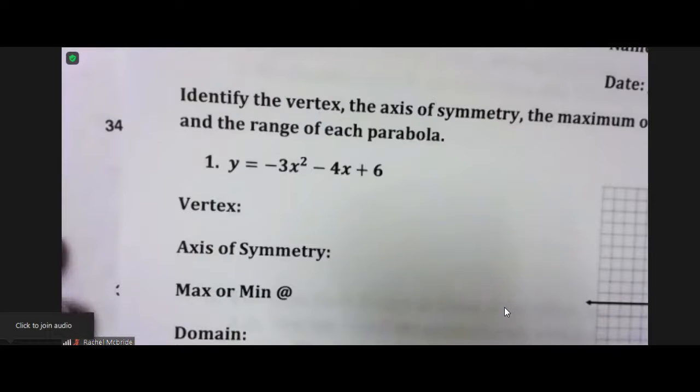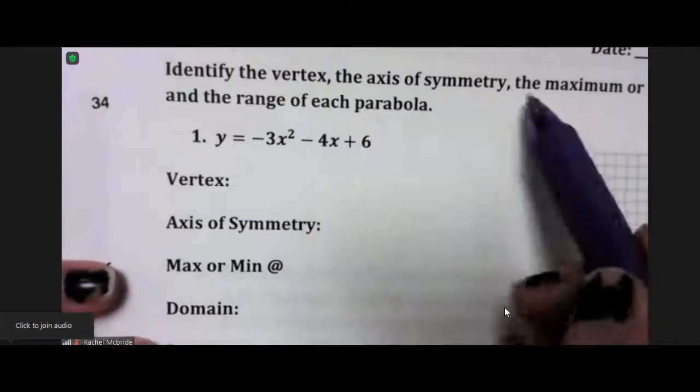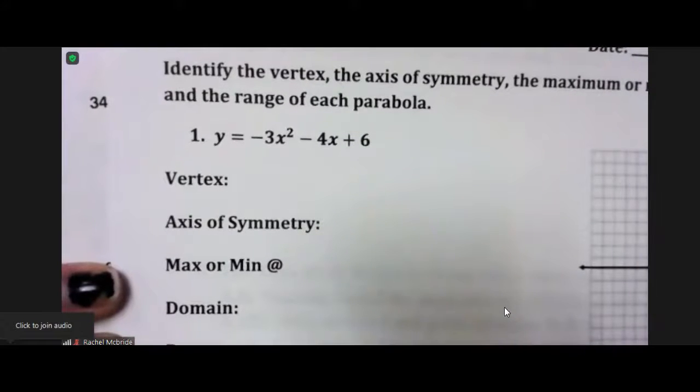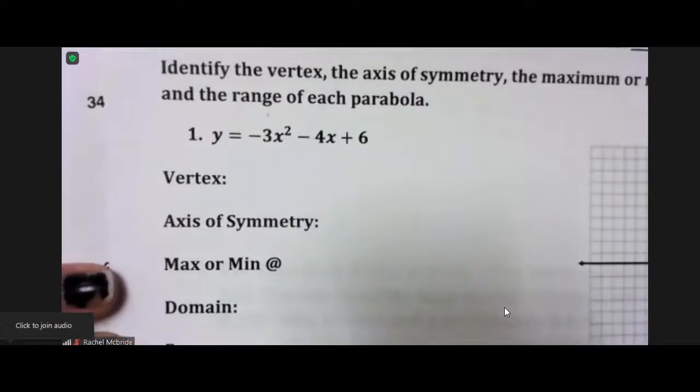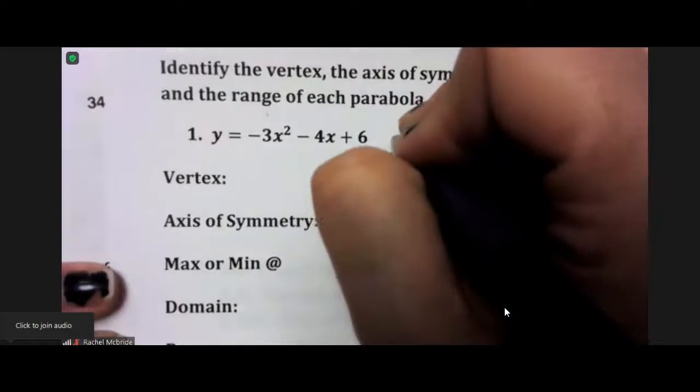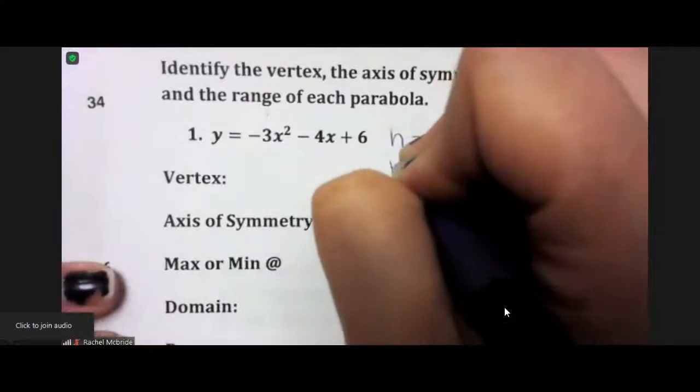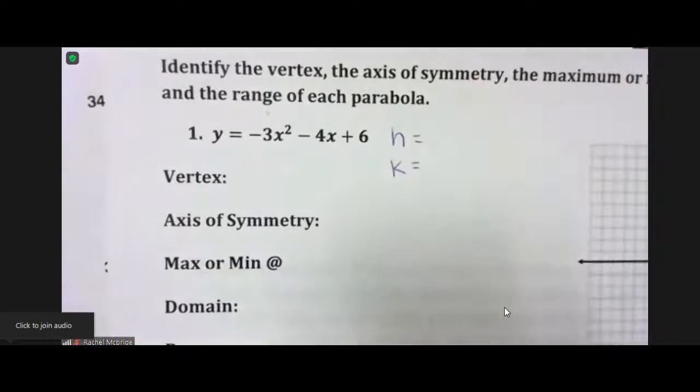Okay. So it says identify the vertex, axis of symmetry, max, min, domain, range, etc. So this is in standard form. My vertex is h comma k. So since we're in standard form, I have to find h.